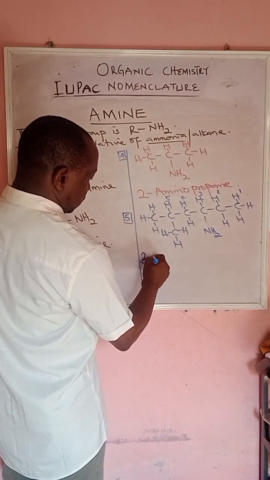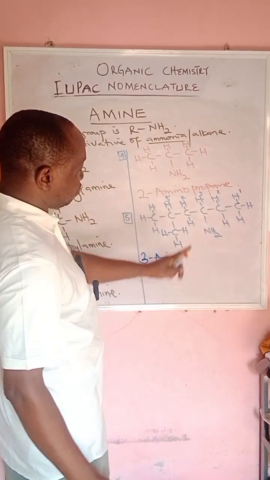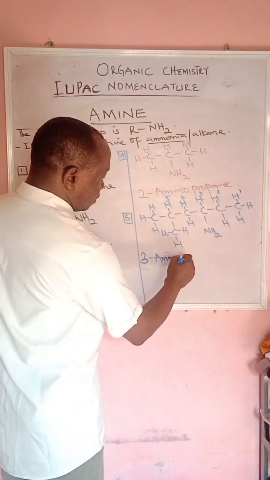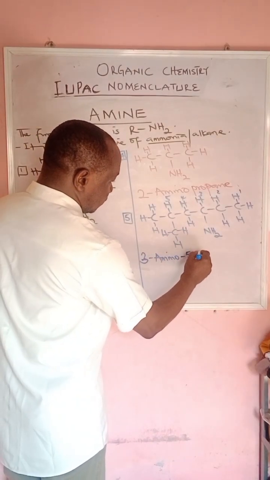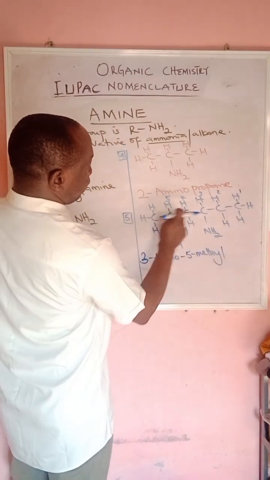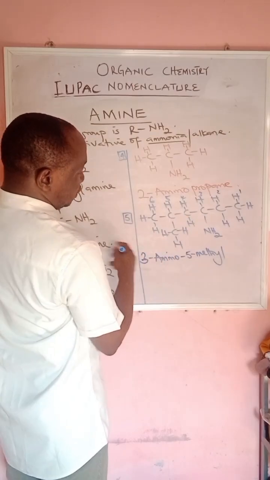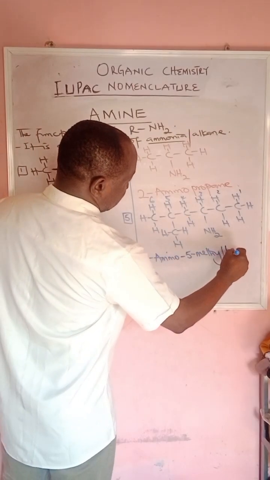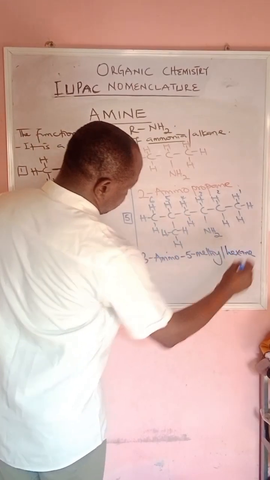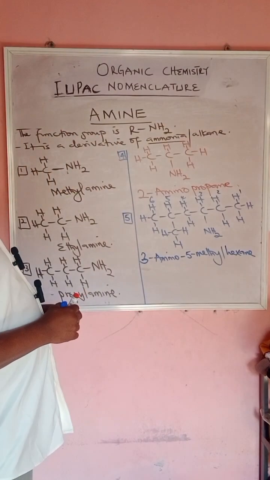Methyl attached to carbon 5. 5-methyl. 1, 2, 3, 4, 5, 6. That is 6. That is hexane. So 3-amino-5-methylhexane. When you count it from left to right, you are counting from here.